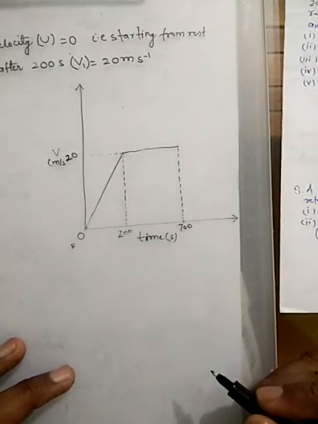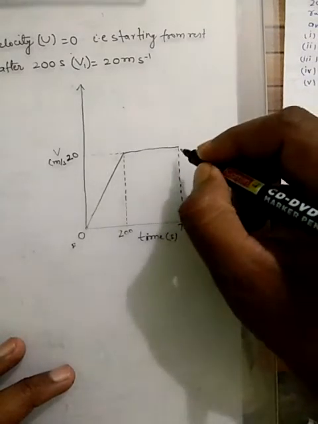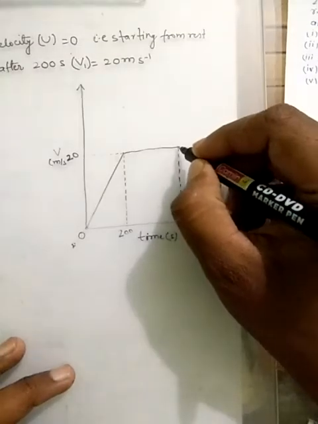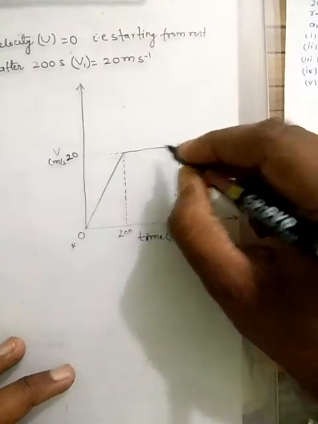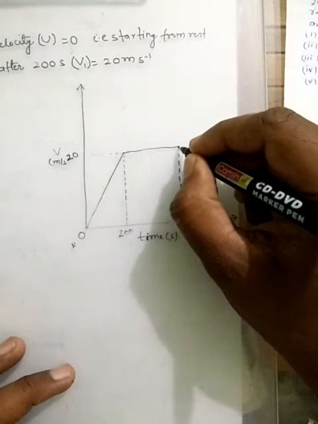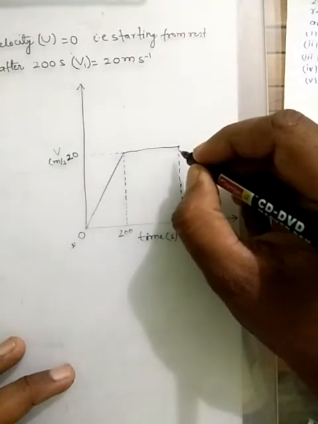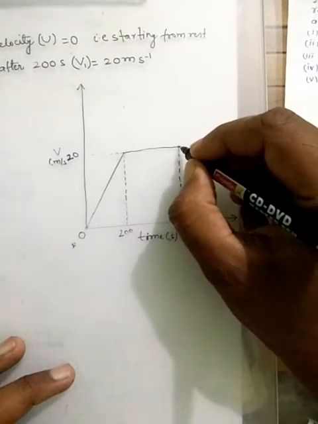And the third and last part of the question says that it is then brought to rest in another 100 seconds, and then the velocity of the object again reaches 0 after 100 seconds.